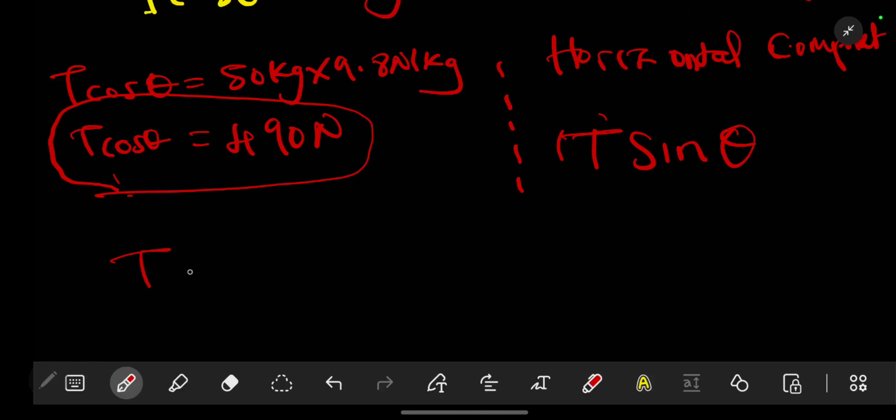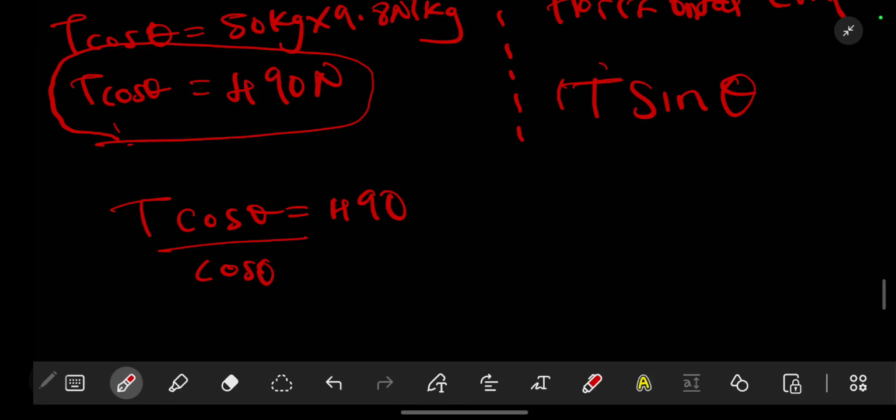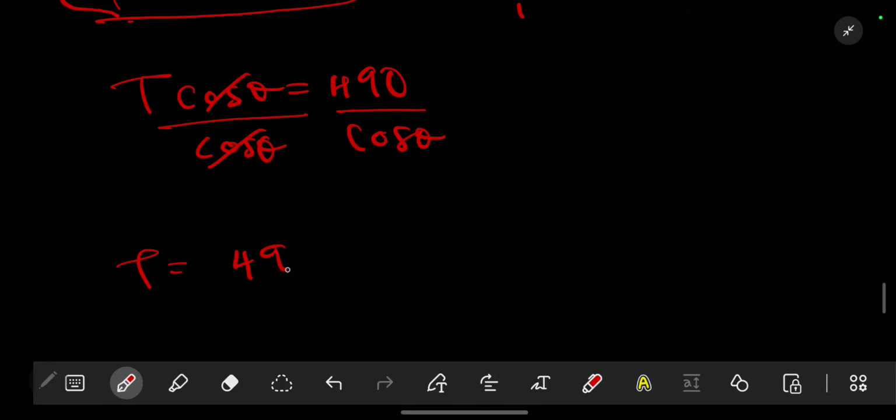So we have T cosine of theta equal to 490. You divide by cos of theta so that the tension remains alone. So this gives us tension equal to 490 over cos of theta.